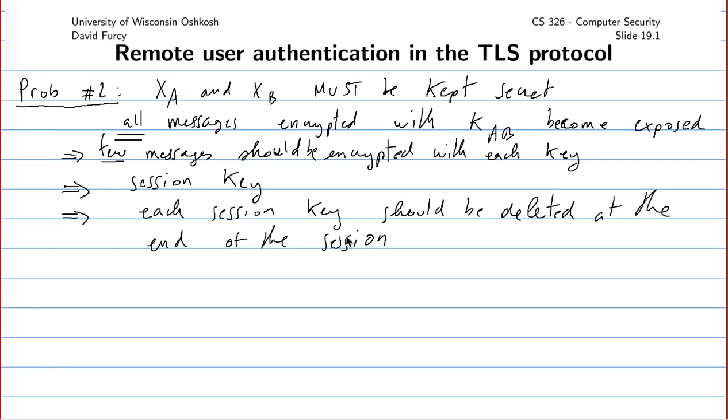So this is a new feature of the algorithm that I want to mention here: when an algorithm like the Diffie-Hellman algorithm destroys the shared key at the end of each session, we call it an ephemeral algorithm. So the algorithm that we're going to use in the TLS protocol is an ephemeral version of Diffie-Hellman.